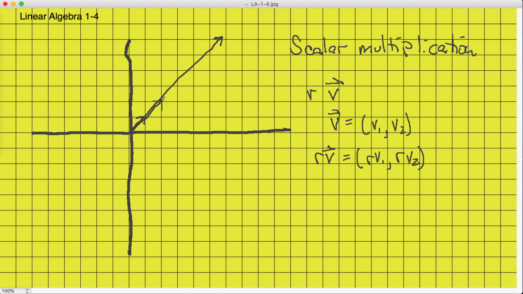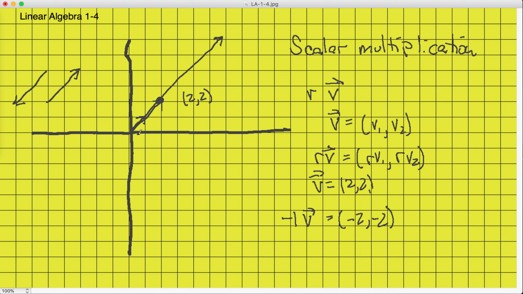Well, again, let's come over here and let's pick this vector right over here. And so that is actually 2, 2. So let's suppose that v is equal to 2, 2. And I want to multiply this by minus 1. So minus 1v is equal to minus 2, minus 2. Well, the net effect is that instead of the vector looking like this, we've basically just turned it around, and it looks like that.